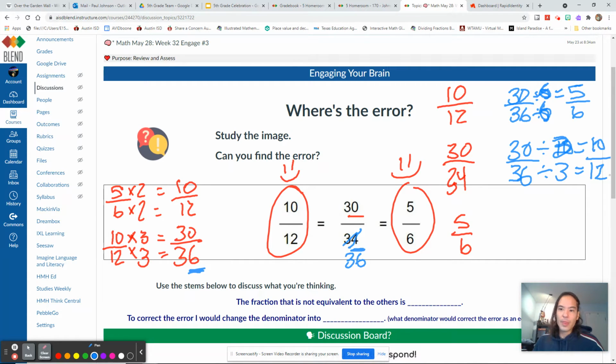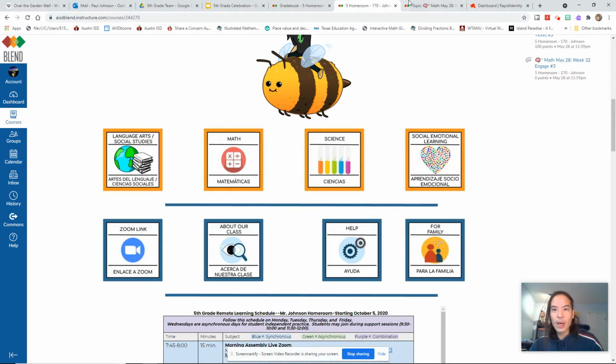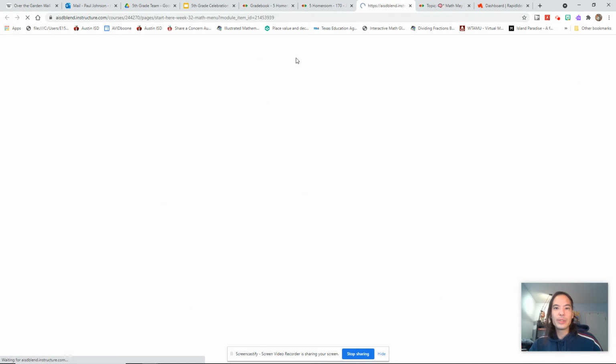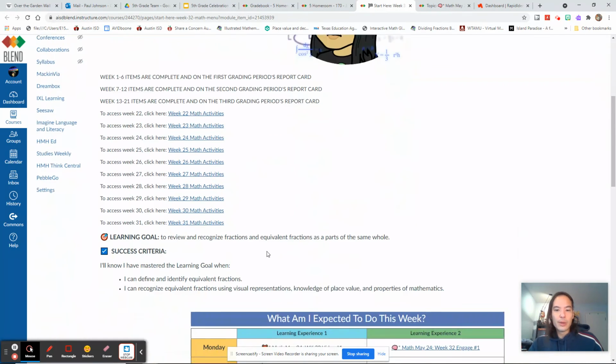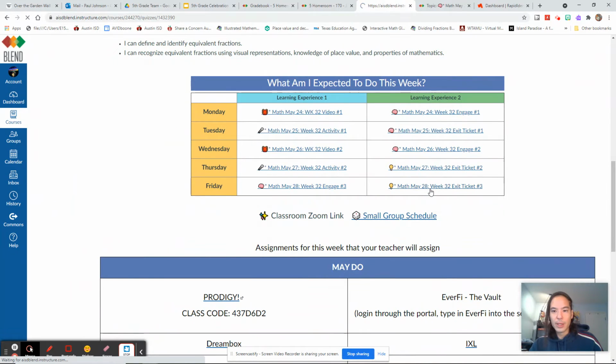So there's multiple ways to check our work, but the biggest thing that we noticed is our denominator was wrong on 30 34ths. So the fraction that is not equivalent to the others is 30 34ths. And to correct the error, I would change the denominator into 36 instead of 34.